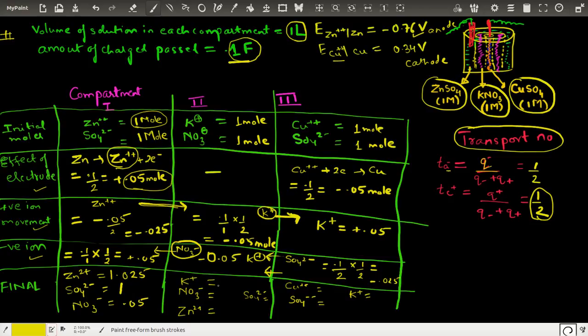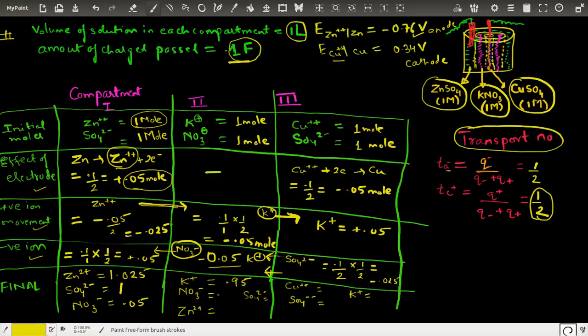Now what's the situation in compartment number 2? Potassium was initially 1 mole, out of which 0.05 has been transferred to compartment number 3, so discounting the loss, it would be 1 minus 0.05, so it is 0.95 moles.